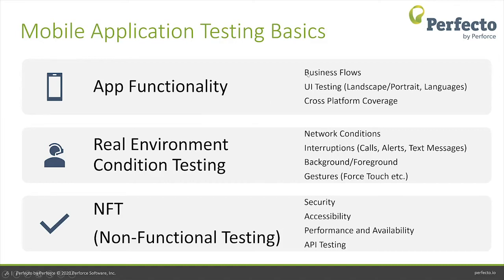You want to make sure that you're covering all the business flows, all the different UI elements, testing across landscape and portrait, testing across languages if you support multi-languages, testing across different platforms. I've shown you in the previous slides the different market coverage. So you want to make sure that you are covering your application testing across different devices and operating system versions.